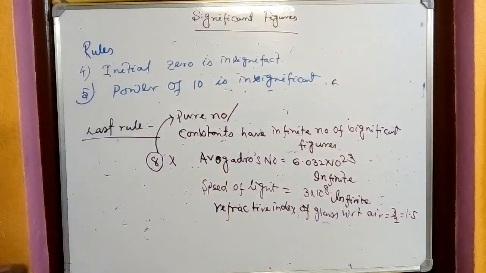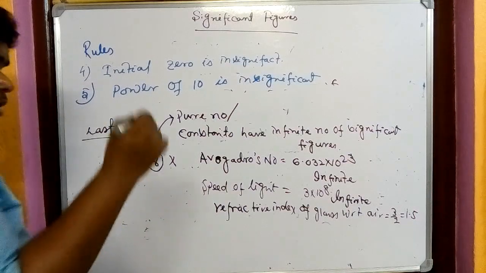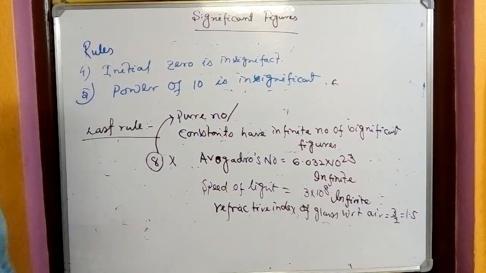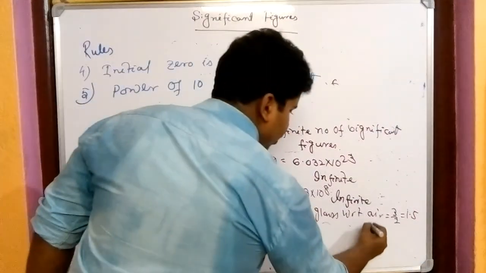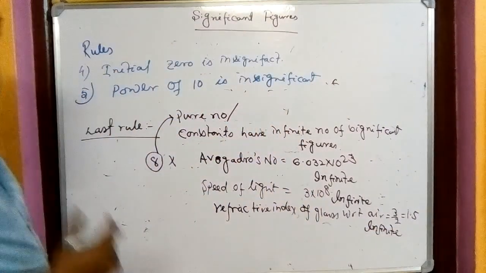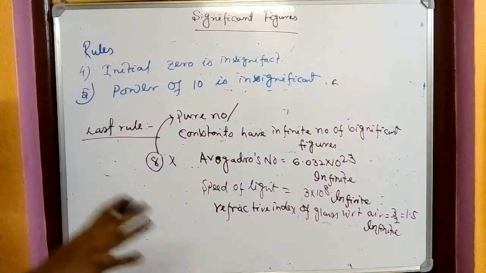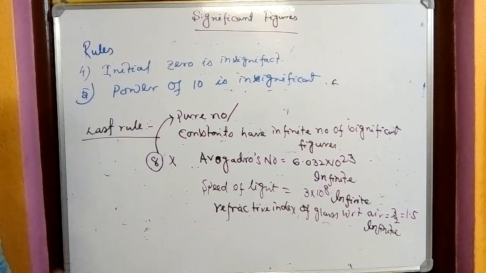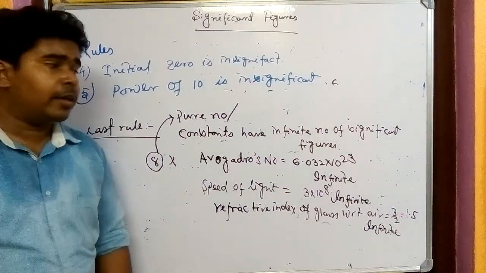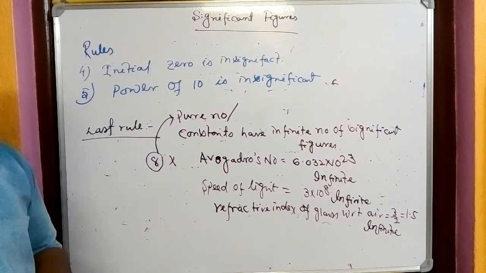If you are asked how many significant figures there are, you will say, sir, 1.5, it is 2. I am telling you it is wrong, because it is mentioned as a refractive index and it is a constant value, so here also it is infinite. The value of pi, the value of the exponent, all these are constants, and if it is a constant, then the number of significant figures is infinite.